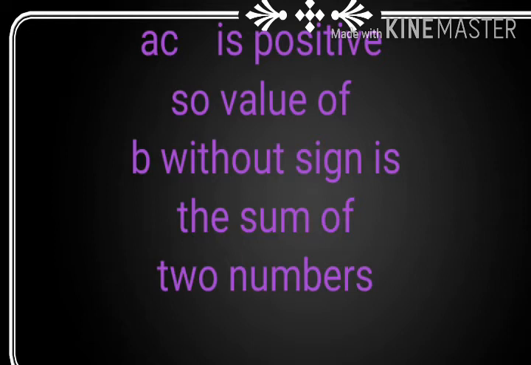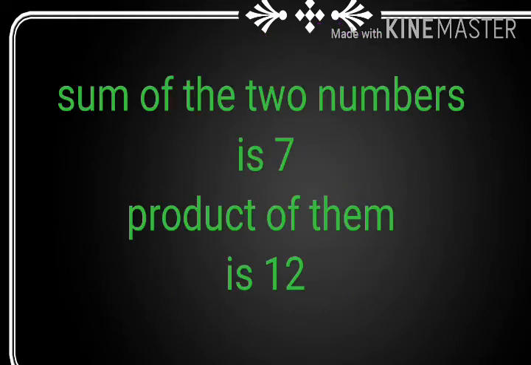Then the magnitude of B, that means without symbol, what is the number? Coefficient of x without symbol we can take. That will be the sum of the two numbers. Here we need to split the middle term in 2. Those two numbers' sum will be this magnitude.